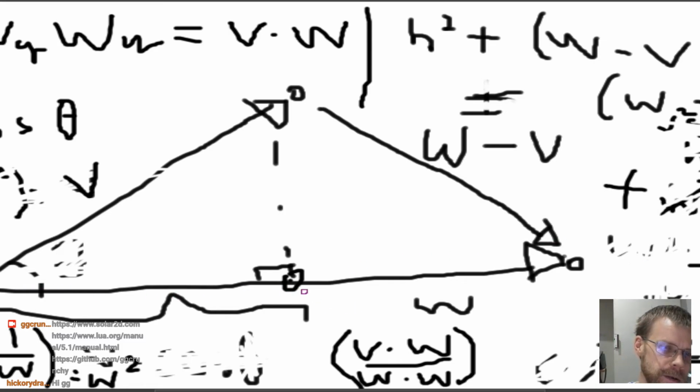I guess terminology-wise, maybe that's the projection factor, projection scale factor, but we can start at this point if we call it P, and then add this times our W, and that'll move us from position P onto this bit right here.